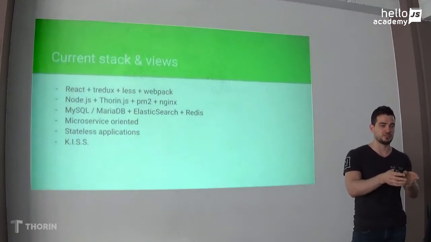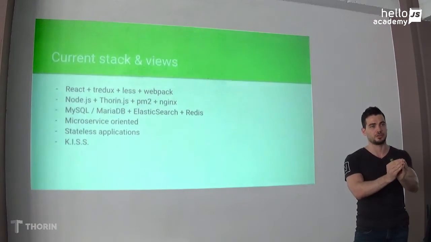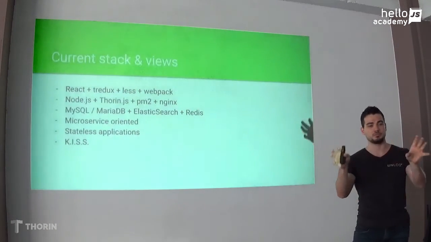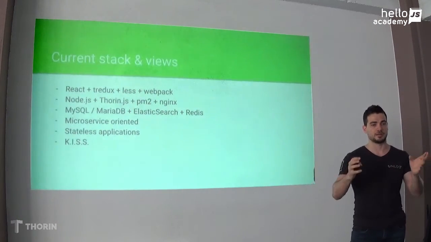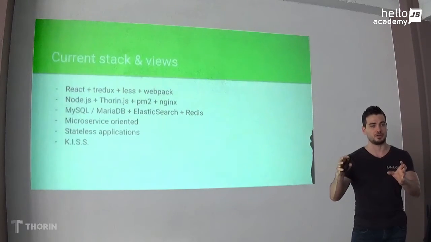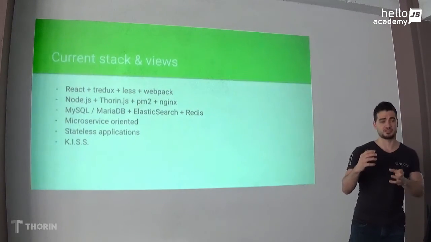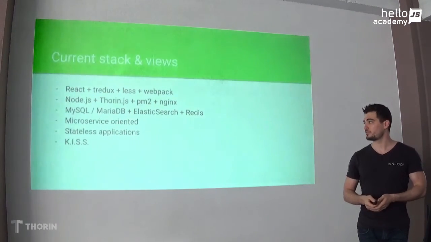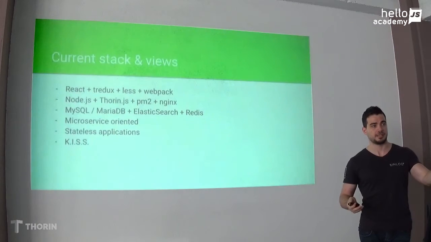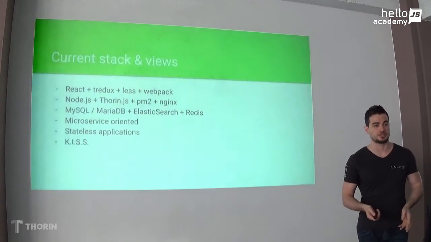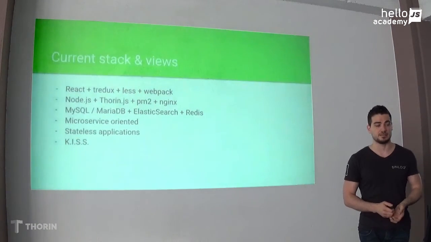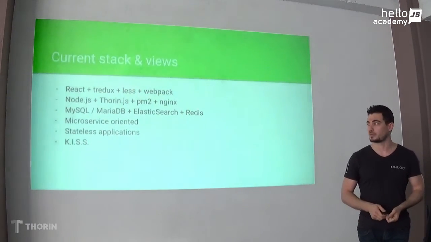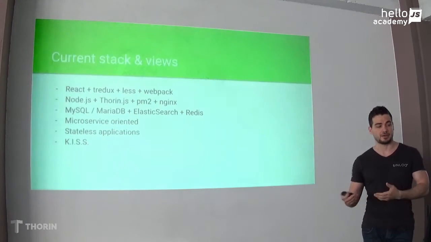So a microservice is a part that does one thing and it does it very well, so that you have multiple parts of different things where you can easily scale up based on single requirements. So for example, you can have 10 API applications and only one mailer application, because you're most likely not going to send 1,000 emails a second, so you're going to send maybe 10. You don't need 1,000 mailers.